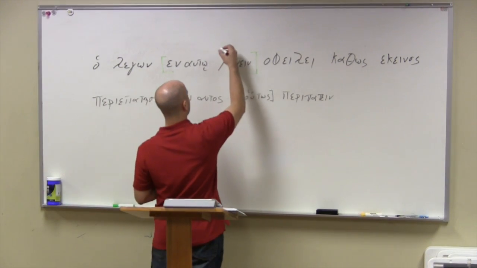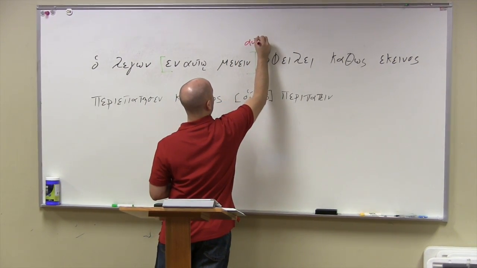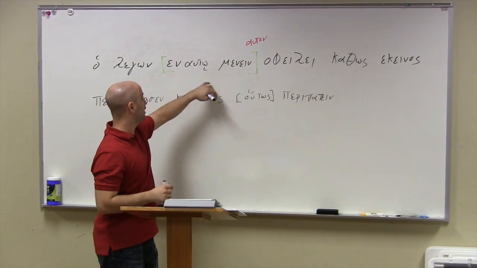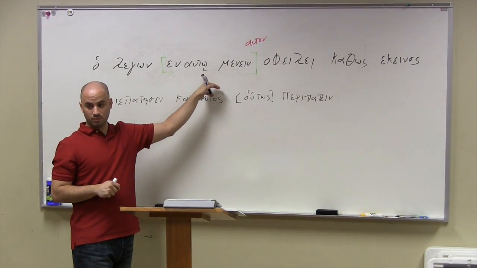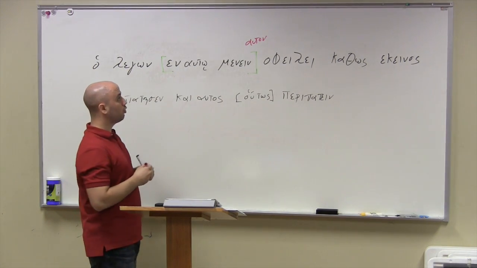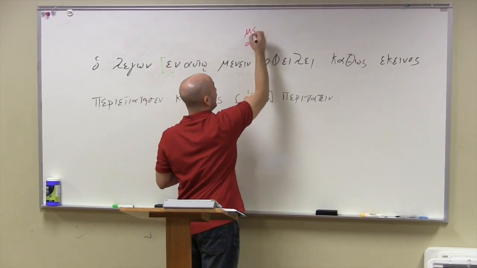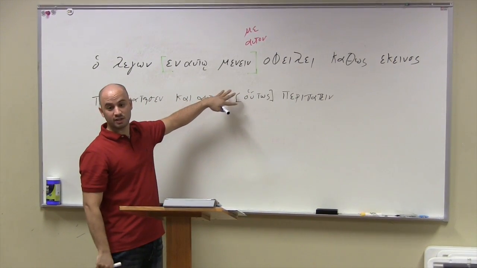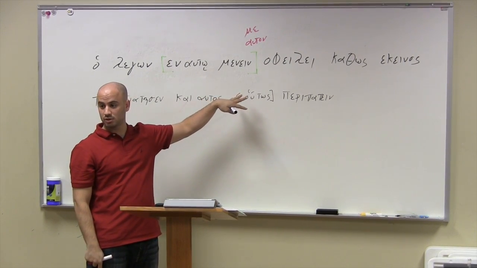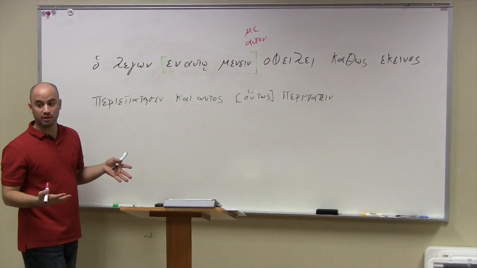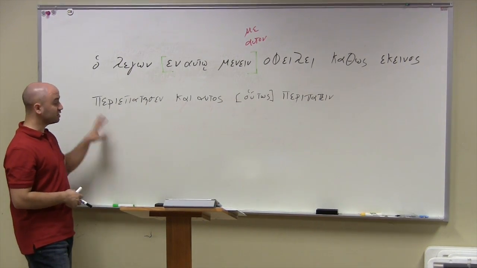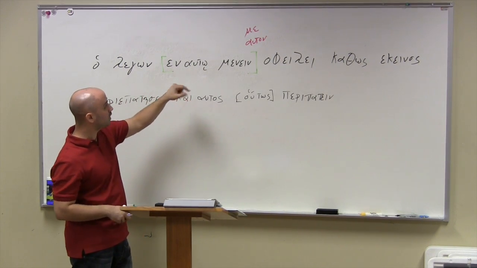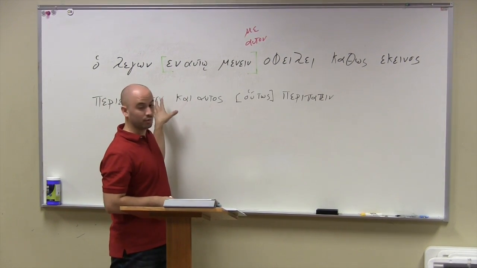We can supply auton, the one who says he remains in him. Or we could say me is dropped out. They're both in the accusative. Our infinitive takes the accusative as its subject or its object. So something has dropped out here. To make sense of it, we need to add what is implied. The one who says, either he says he remains in him, or he says I remain in him.